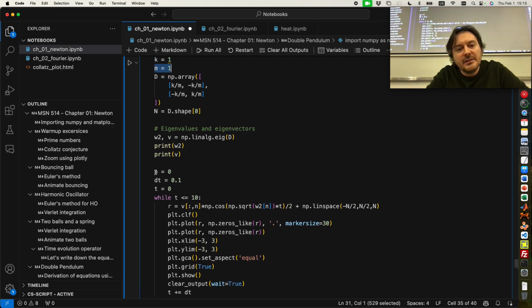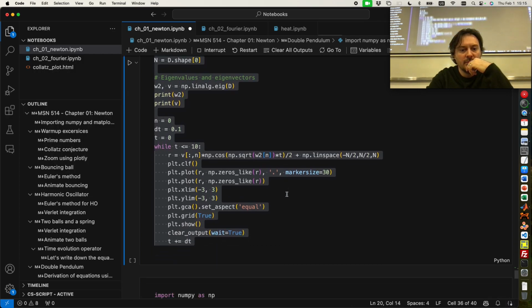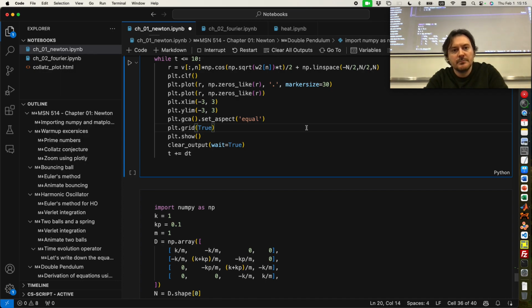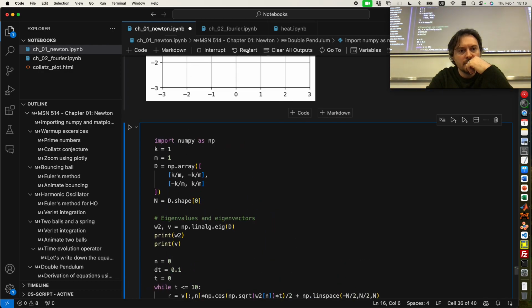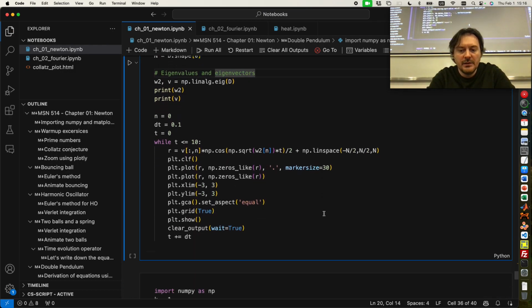Let's look at the first eigenvalue. Remember how we count? 0, 1, 2, 3. So the first eigenvalue is n equals to 0. Let me run this. Let's run again.